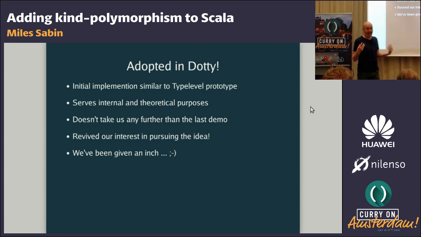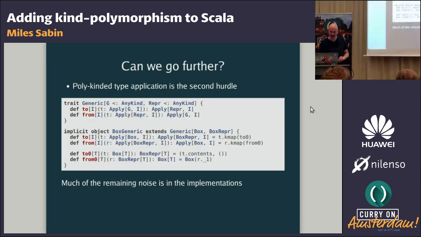However, it revived our interest in pursuing the idea. And so we thought it would be interesting to see where you could go beyond that. As I said, the second hurdle, once you've found a place in a Scala program to put types of different kinds, is how do you deal with polykinded applications?